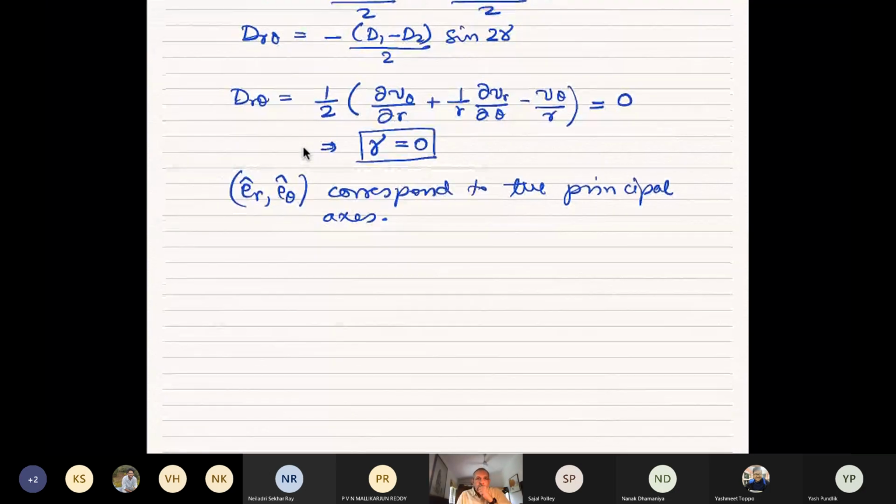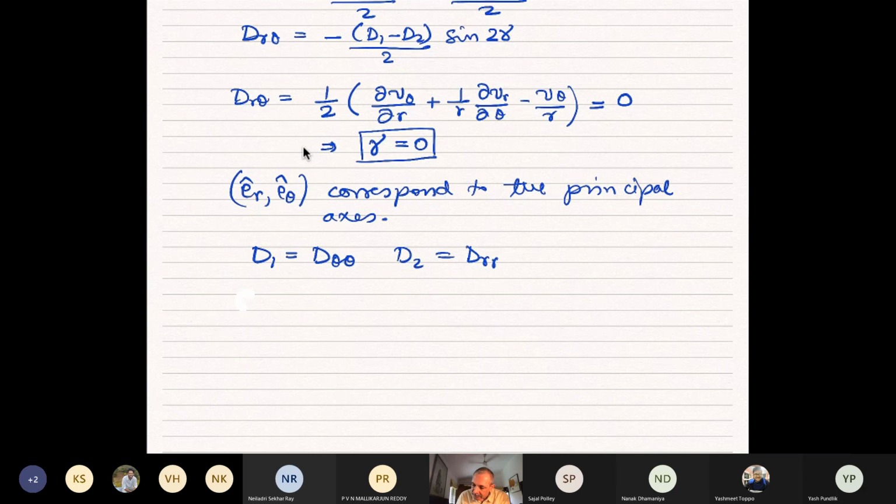And so this gives us, and here I'm writing it down, d1 is equal to d theta theta. That is, the major principal axis is in the theta direction, and the minor principal axis is in the r direction.